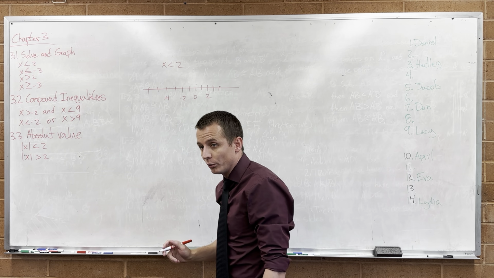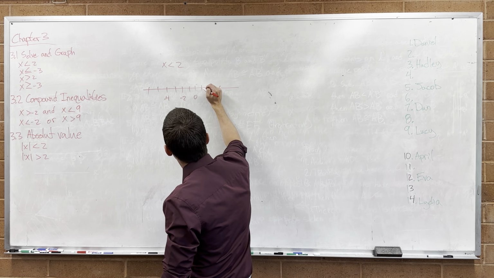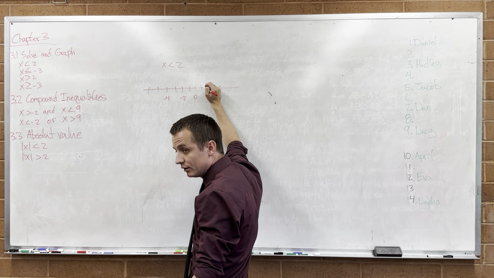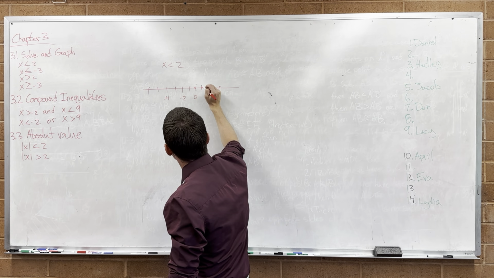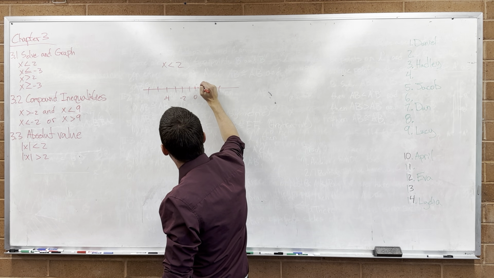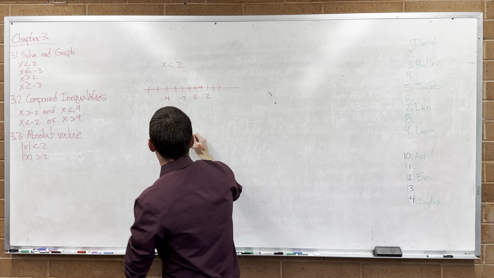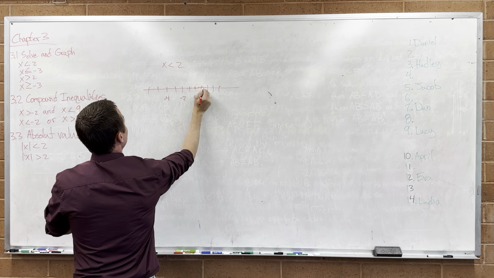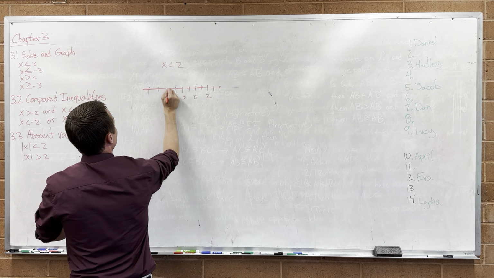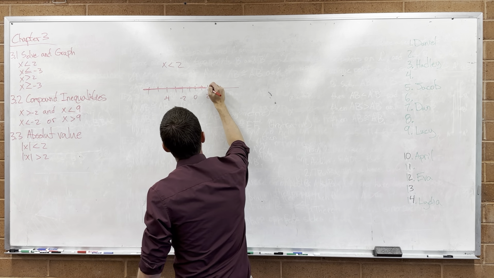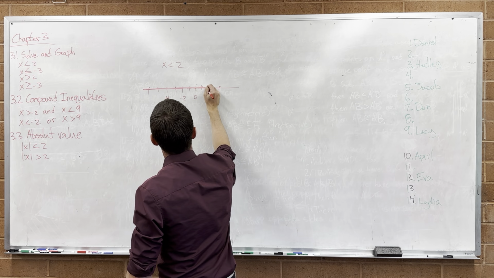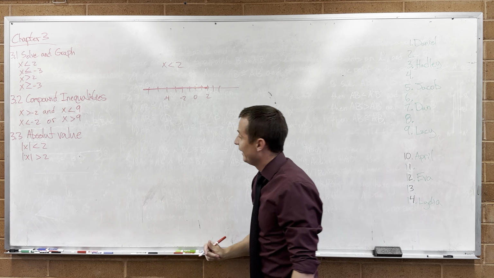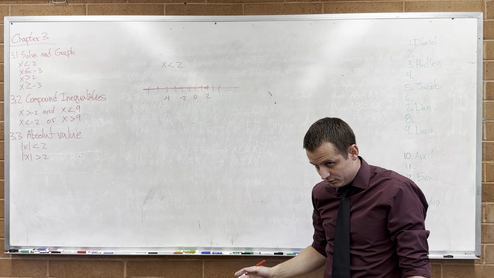No, the number 2 doesn't work. What about 1? Does 1 work? Yes. So 1 works. 0 works. 1/2 works. If we were to plot a point at every single point that works, we'd end up filling in this whole thing, right? And then we put an open circle there to remind us it doesn't include 2. That's x less than 2, that's graphing it out.